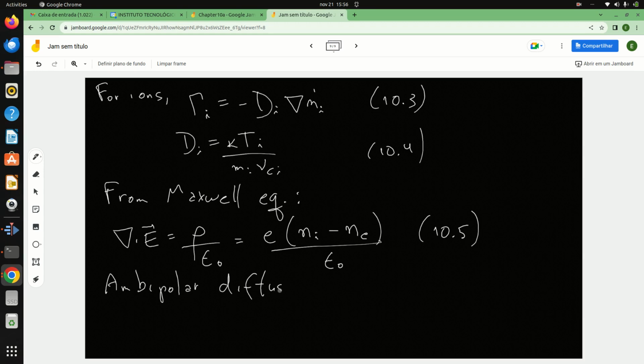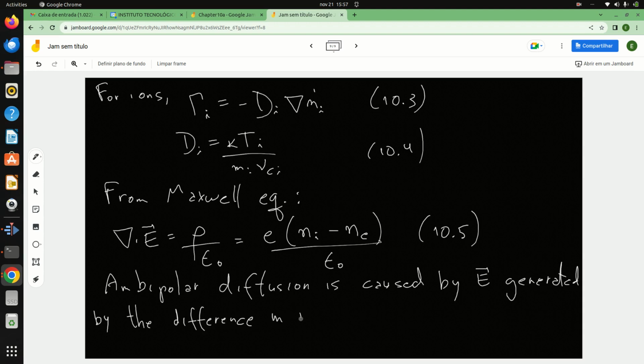diffusion is caused by the electric field generated by the difference in ion and electron densities due to different diffusion coefficients.